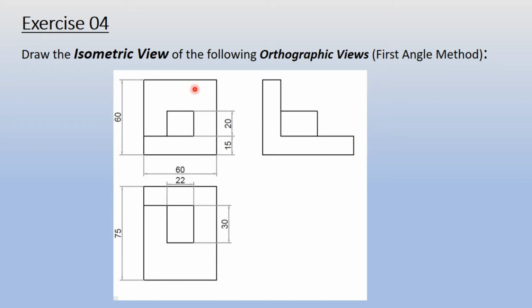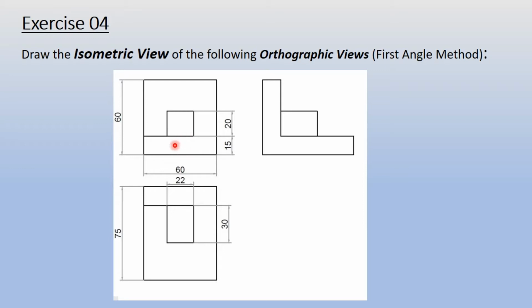So if this is your front view, what you are seeing here, you are seeing just simply a square box, rectangle and some C-like shape here above. So we'll first see about this front view. You see that this rectangle and this square are not lying on the same plane.